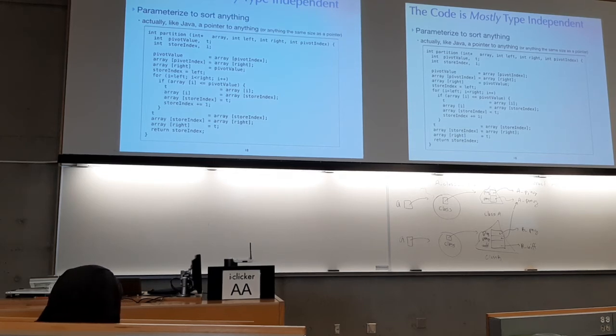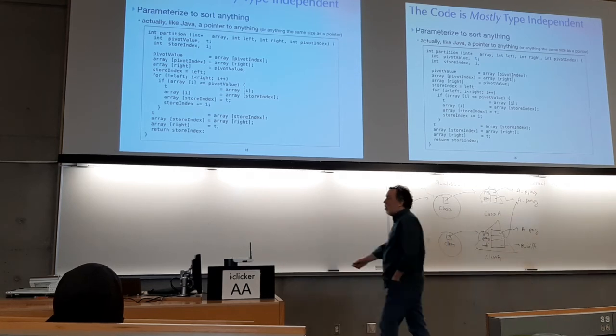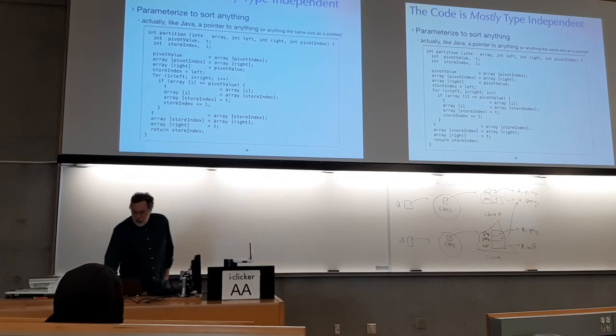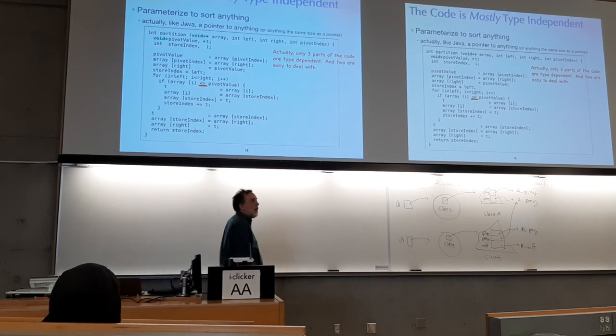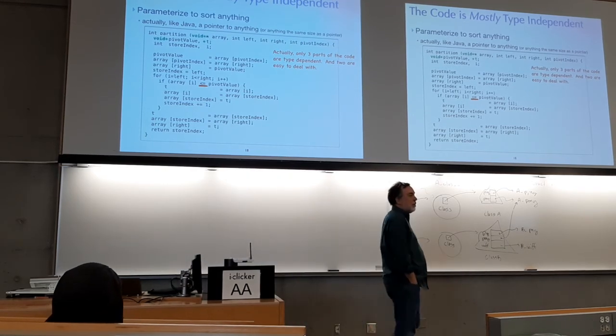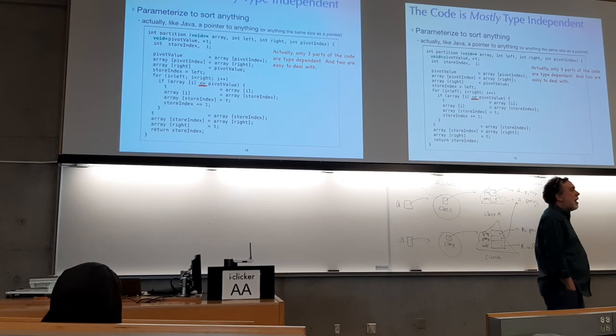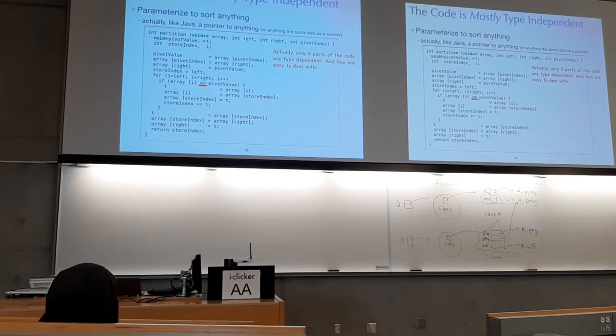All those assignments depend upon the type, but actually they just depend upon the size. So we looked at all those places, and I changed everything from int to an opaque pointer. So now rather than sorting arrays of ints, I will sort arrays of pointers to something.